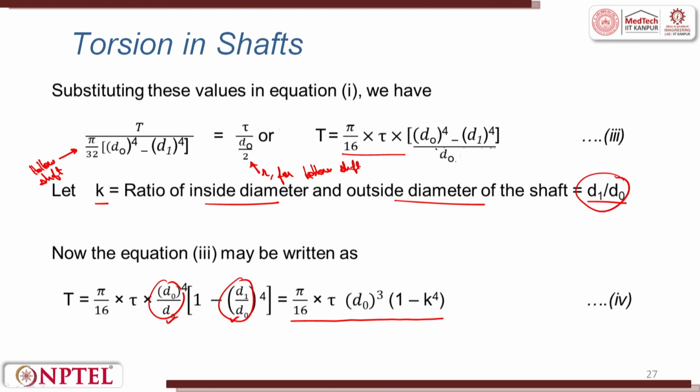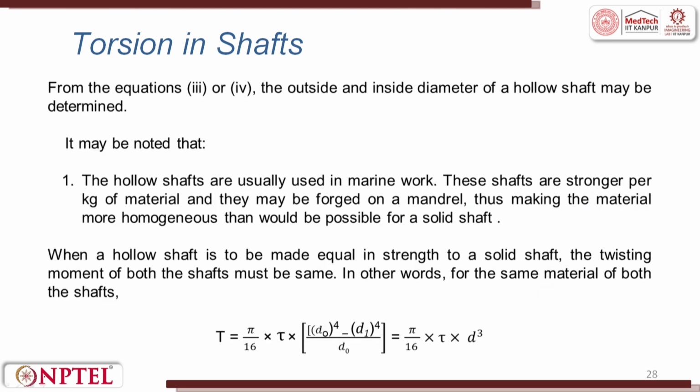So from equations 3 and 4, this becomes equation 3, this becomes equation 4. The outside and inside diameter of a hollow shaft may be determined. It may be noted that hollow shafts are usually used in marine work. These shafts are stronger per kg of material than the solid shafts, and they may be forged on a mandrel because those are hollow.